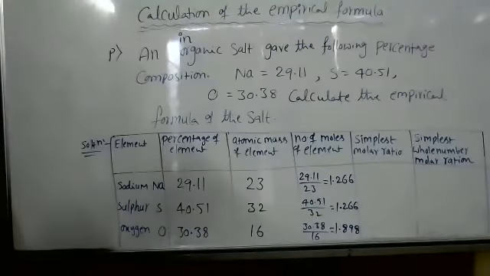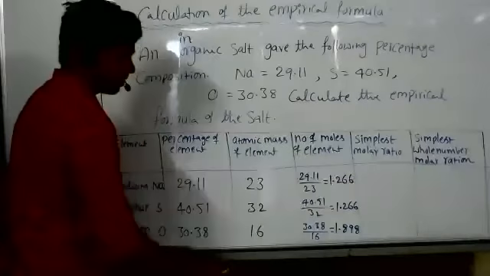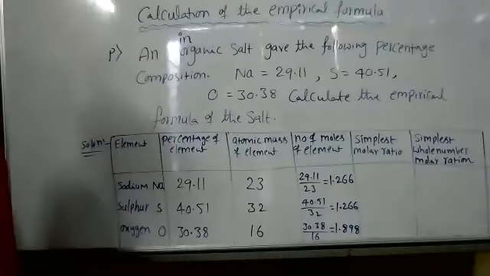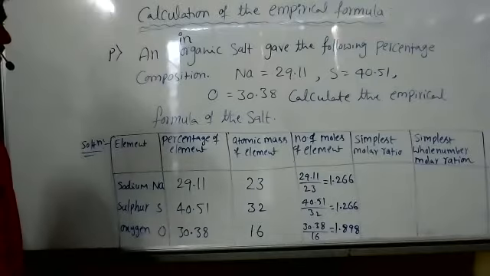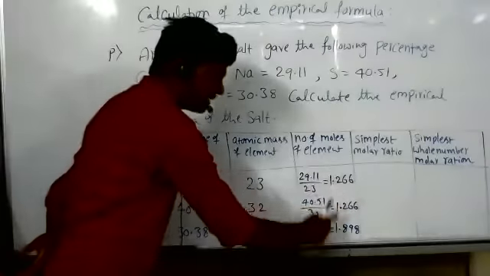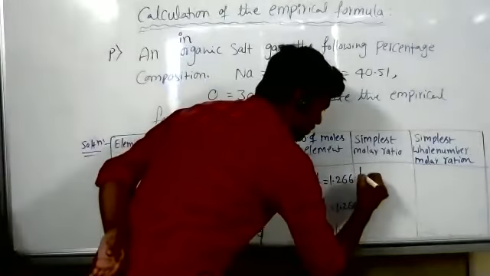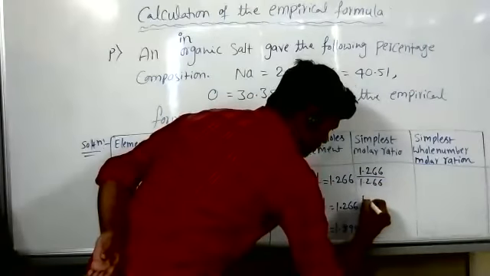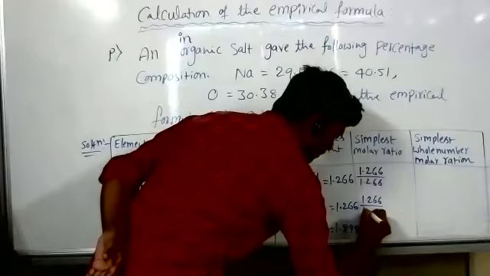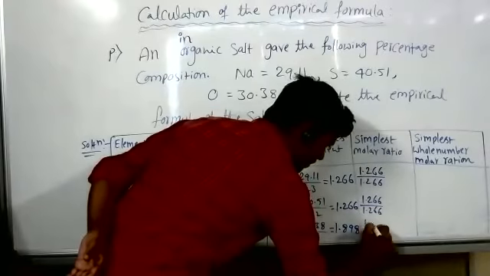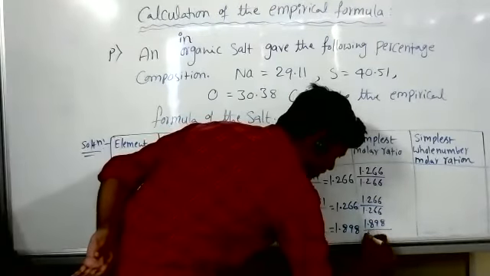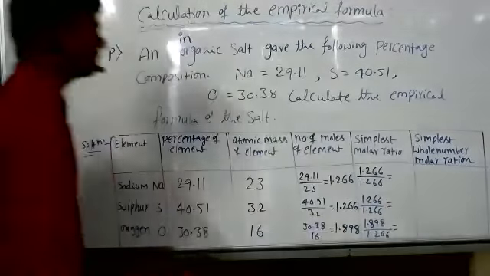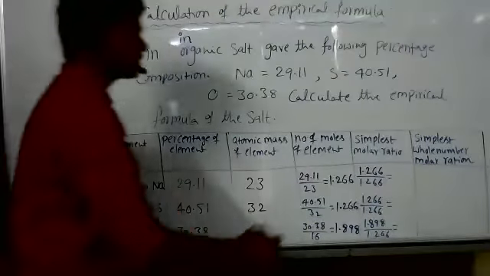Next, the simplest molar ratio. Look at these 3 numbers. Which is the smallest number? 1.266 is smallest. So now all these values are divided by 1.266. 1.266 divided by 1.266 gives 1.